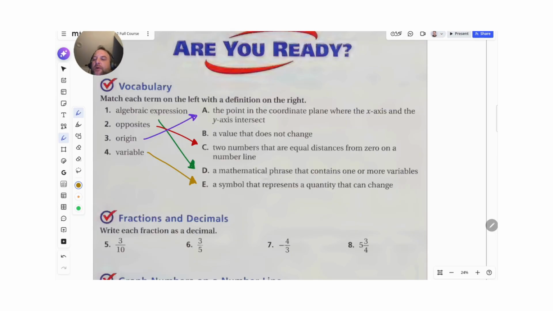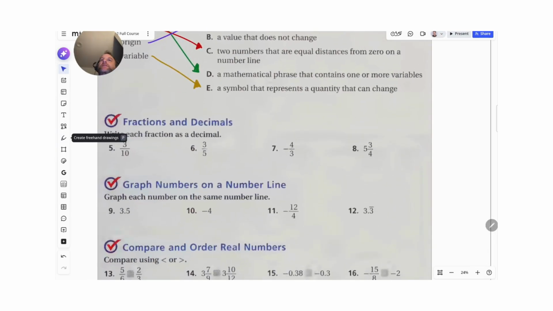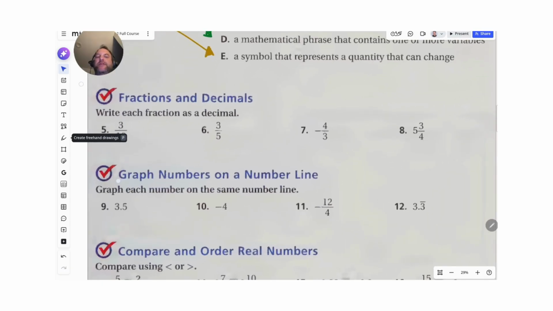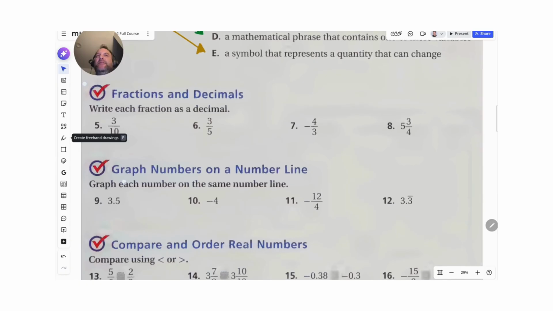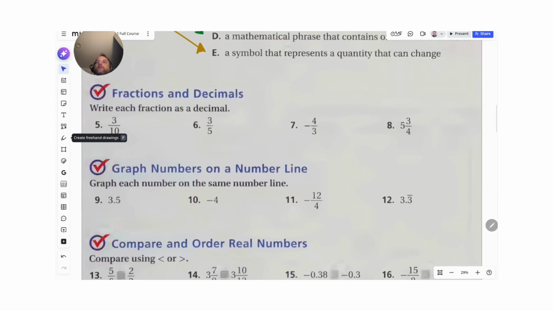Now, in our next part, we're converting fractions to decimals. We're converting fractions to decimals. Let's practice on that. We want to make sure we can do that easily, seamlessly, accurately, because ordering real numbers requires us to compare decimal forms.